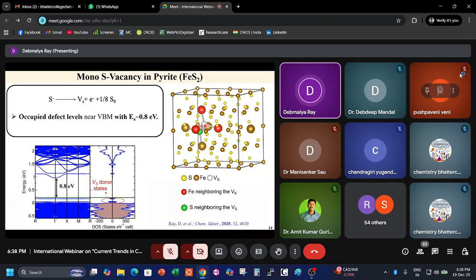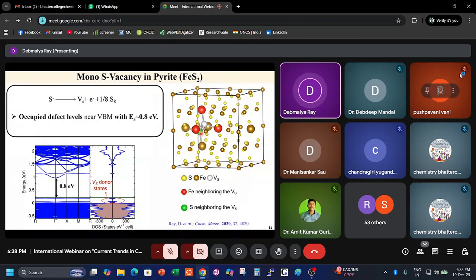When we create a vacancy, we create a supercell of the crystal structure and then remove one of the sulfur atoms, shown in white. The iron atoms shown in red are the neighbors that were directly attached to the vacancy site, and the sulfur atom shown in green is part of that sulfur-sulfur dimer.